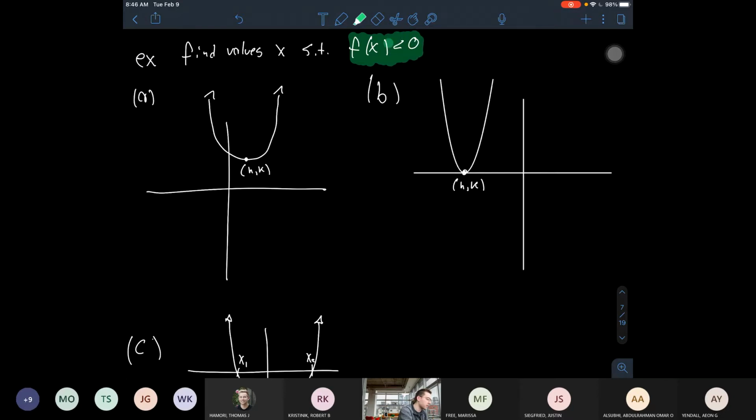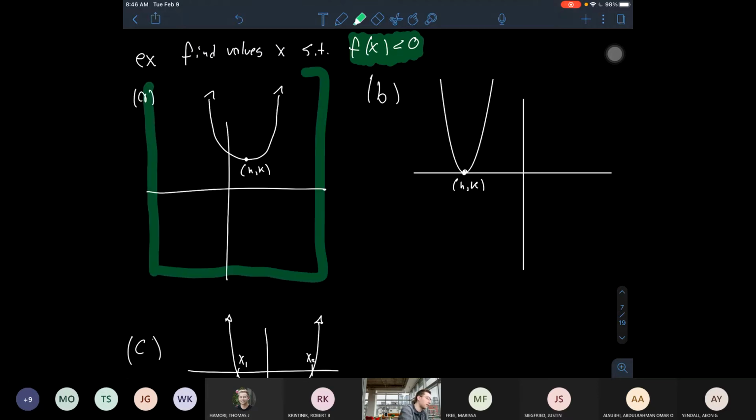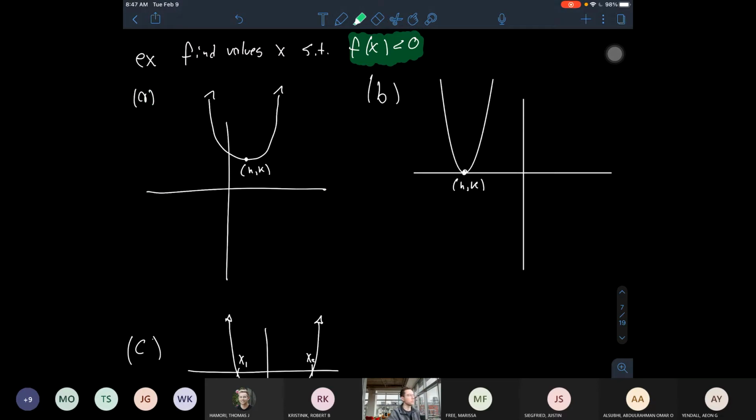So let's see, how would we describe the set of x values such that this graph here of A is less than 0? What do we think? Yeah, right.